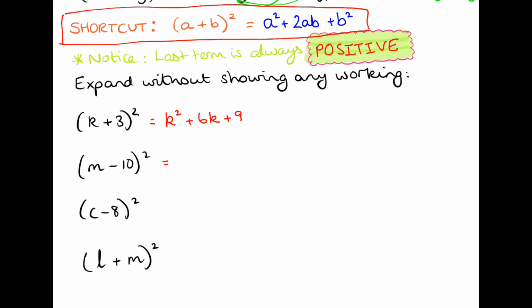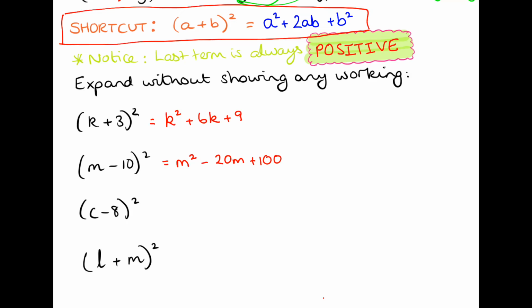Okay, next one. You get the first thing squared. You multiply the two things together and double it. So m times negative 10 is negative 10m, and when you double that, you get negative 20m. And then the third term is this thing squared. So negative 10 times negative 10 is plus 100.